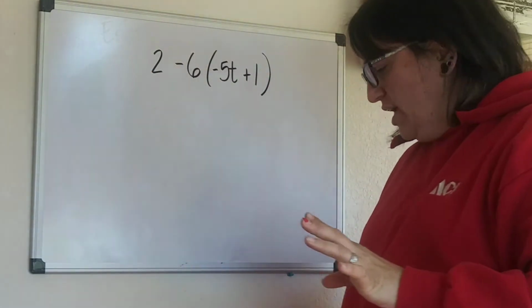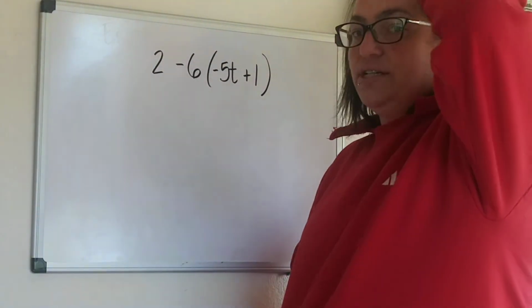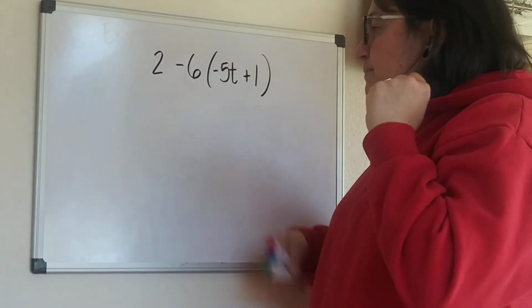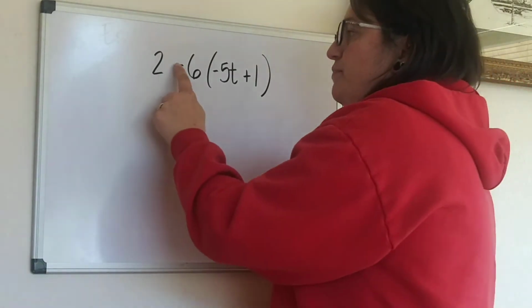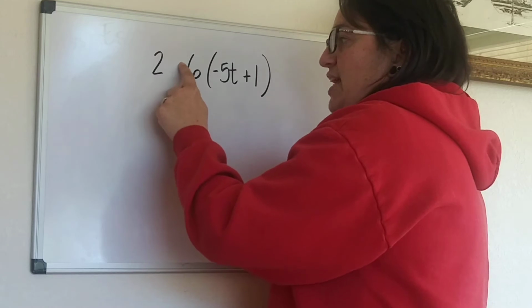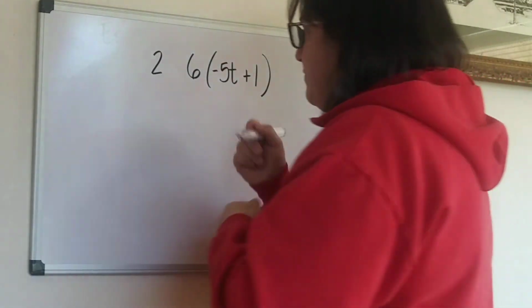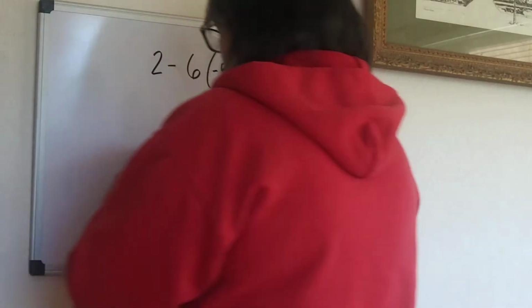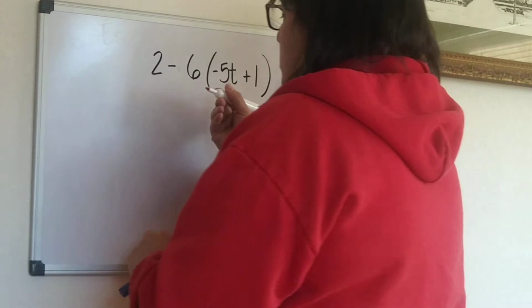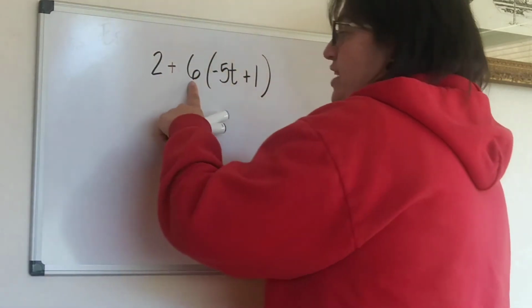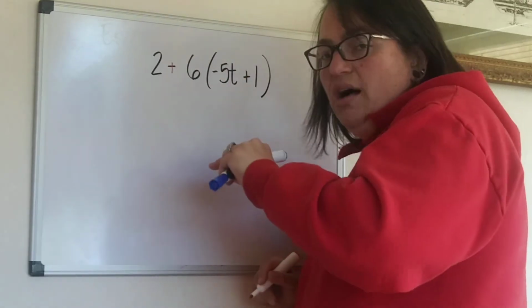So this is just review from integers, because it was a long time ago. But basically we can always change subtraction into addition, as long as we change whatever comes right after it, which in this case is the 6, to whatever the opposite sign is.